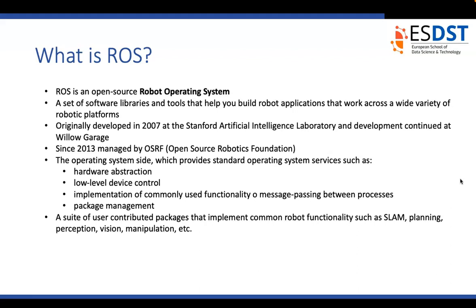And then it provides low-level device control, for example end effector controllers, where you want to change end stops, or calibrate the robot, customizing its minimum and maximum angle for a rotational joint, which we call in robotics a revolute joint. It also provides an implementation of commonly used messages for passing between processes.